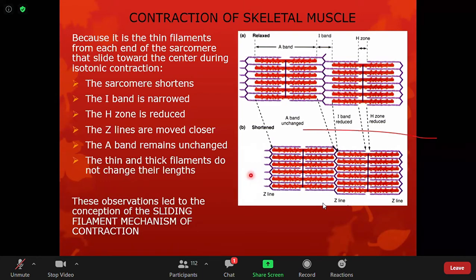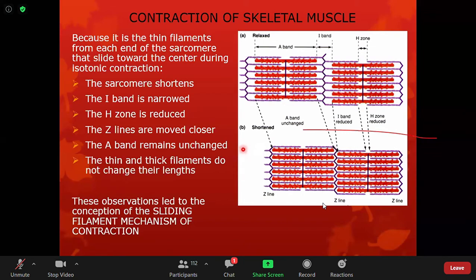So if I say in the question, one of the following will not occur. The following will happen when thin filaments slide towards the center during isotonic contraction.